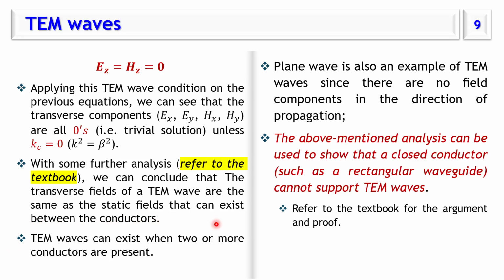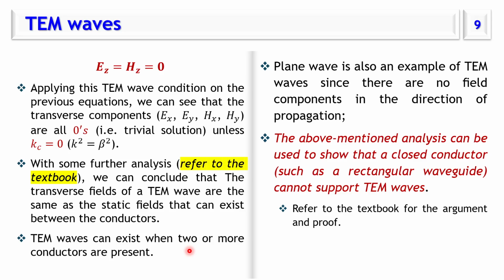One thing we can learn from the analysis in the textbook is that TEM waves can exist only when we have two or more conductors. So a coaxial waveguide can carry a TEM wave.